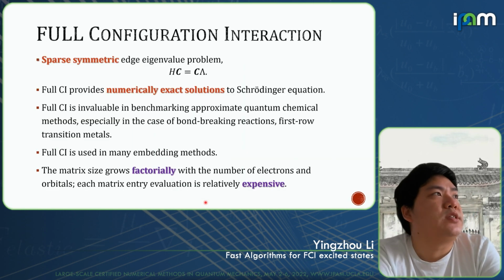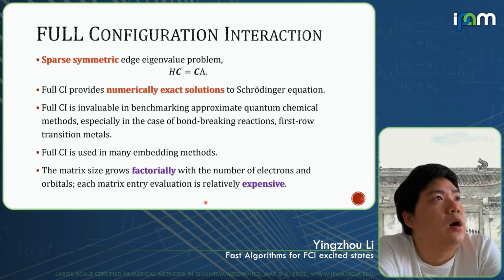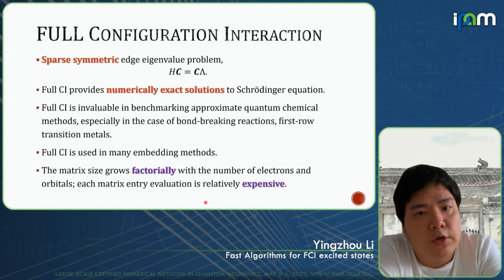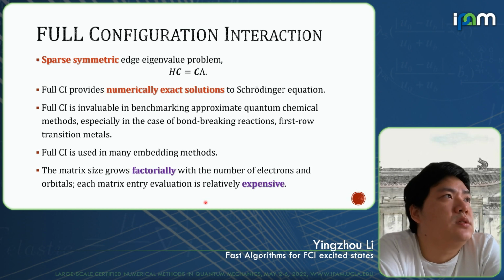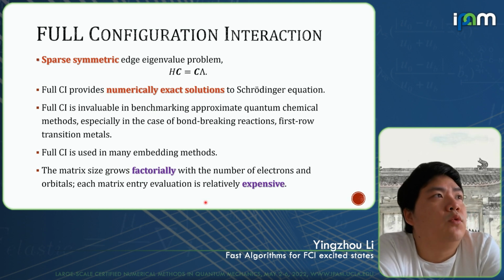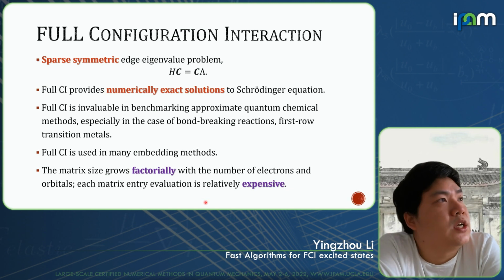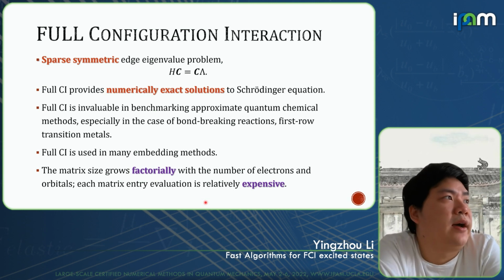Let's summarize it a little bit. The full CI problem, from a numerical linear algebra point of view, is just a sparse symmetric eigenvalue problem. H is the corresponding sparse matrix, C is the eigenvectors, and lambda is a diagonal matrix with eigenvalues on its diagonal.